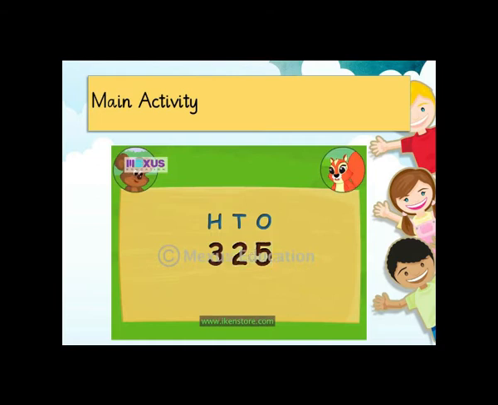So, the number is 325. It is written as this. Notice the sign between 20 and 5. It is called a hyphen. It is used for writing the names of numbers that are joined, like 25.